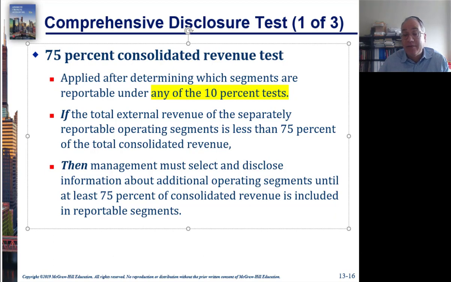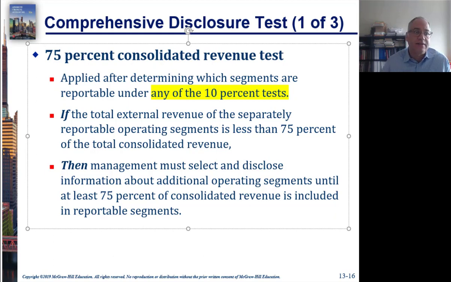then you need to think about how to change things around so you get it over 75%. So you might want to combine some segments. You might want to rearrange how the segments are organized, or do something so that you can get these segments up and above 75%. So that requires a meaningful amount of work, and it may mean using some judgment in determining what a segment is.